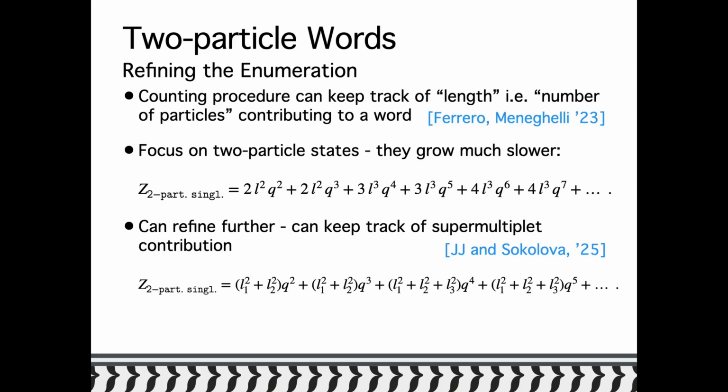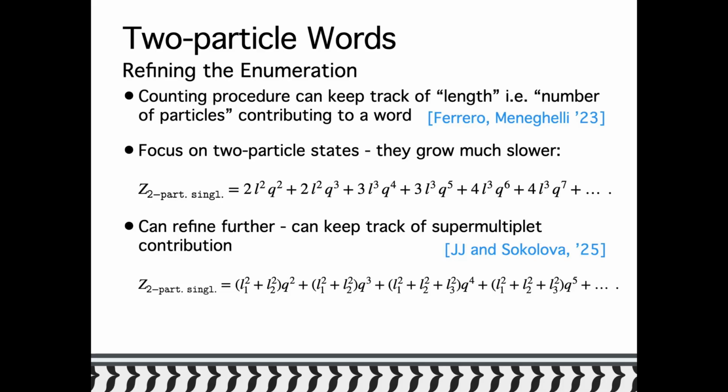So in particular, I want to draw your attention towards the last line in this slide here. What we did was we restricted the partition function to those words that are composed of exactly two elements of supermultiplets.